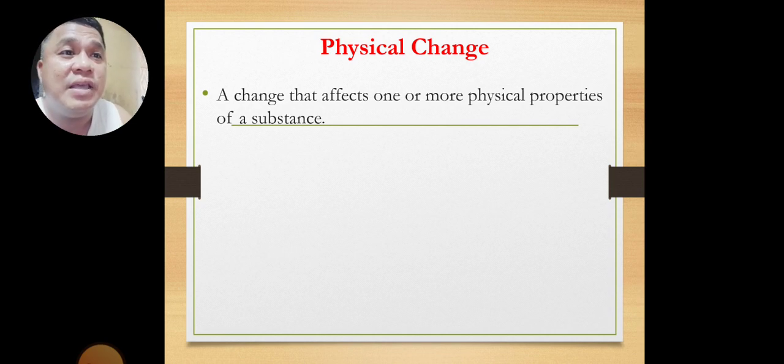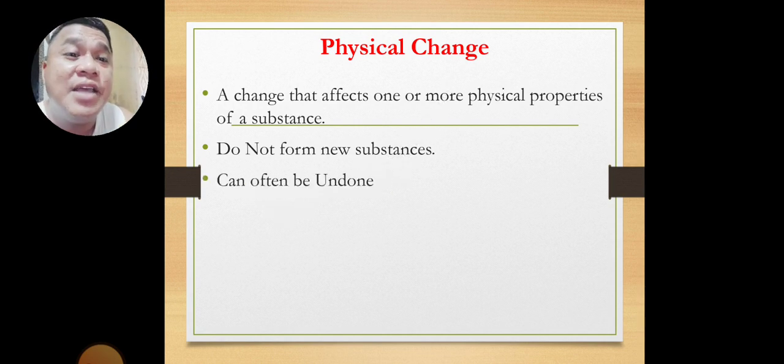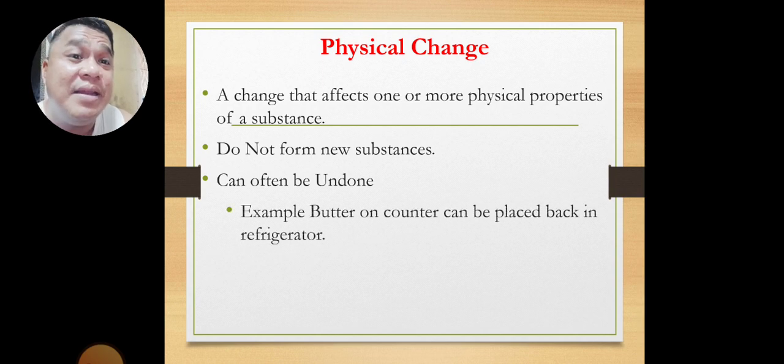So meaning to say, if the physical property changes from one or more into another form, then a physical change is happening. Physical change does not form a new substance. Okay, so please remember that, and it can often be undone.